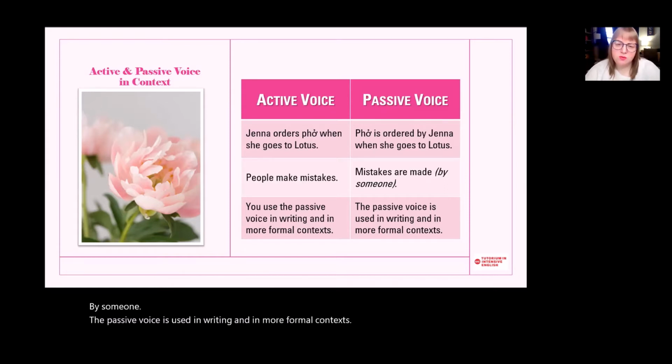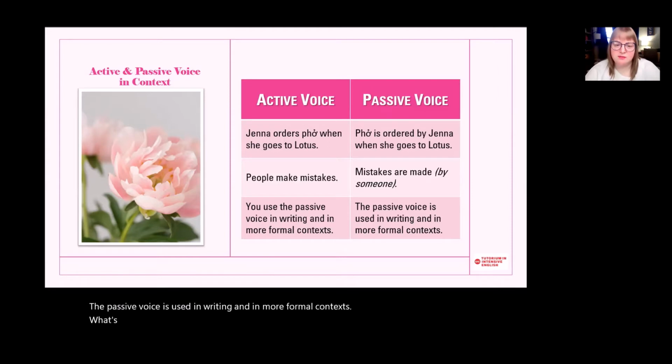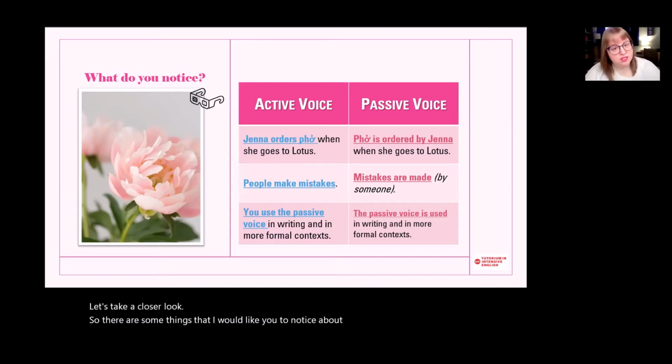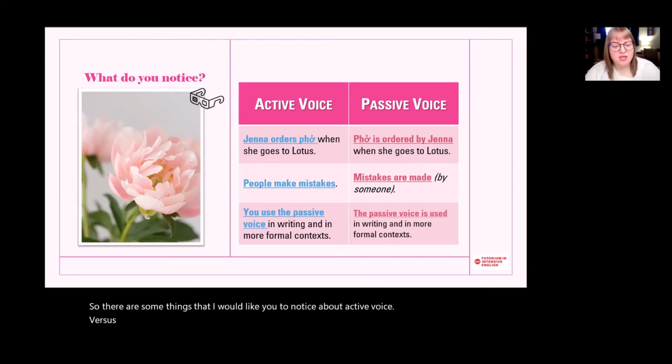So, what's the difference between these two types of sentences? Well, let's take a closer look. There are some things that I would like you to notice about active voice versus passive voice. In our first sentence, Jenna orders pho. That's a very basic sentence.